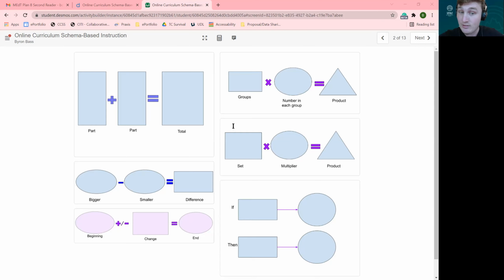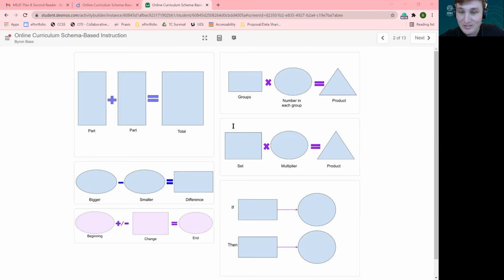Each schema has its own specific solution pathway. The two main schemas are multiplicative and additive. So students identify the word problem schema, and then they follow the schema strategy in order to solve a particular problem. The images that you see on the screen right now are graphic organizers for all of the additive and multiplicative schemas.